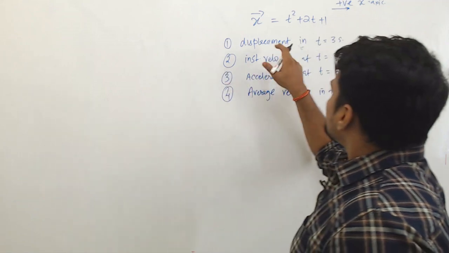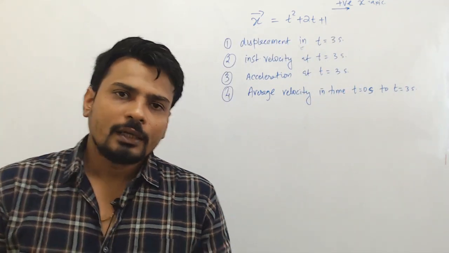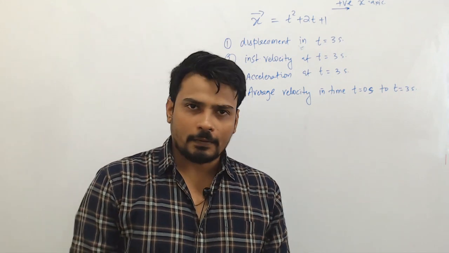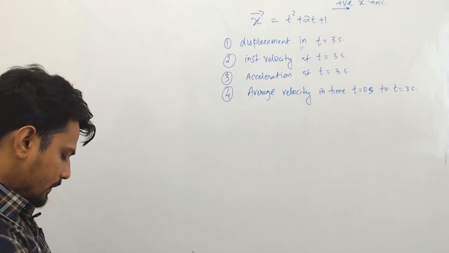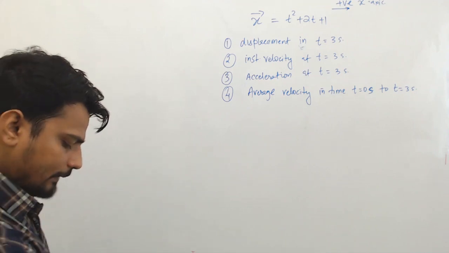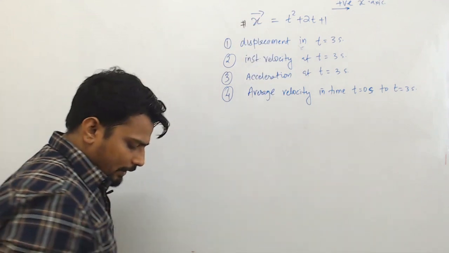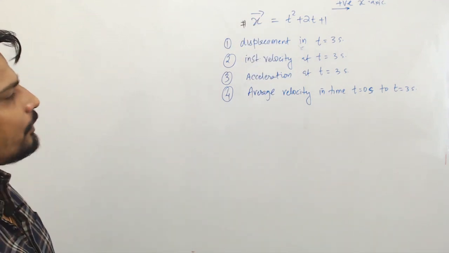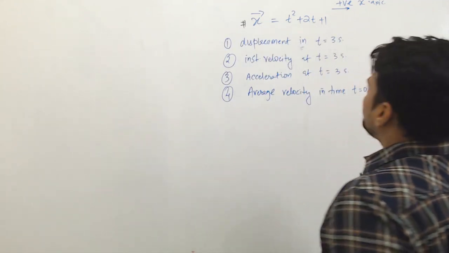So if I want to find the displacement in time t is equals to 3 seconds, so basically how much has it moved, that's what we have to find out. तो उसके लिए अपने को we need to understand one thing, कि this x over here is showing you the position vector. That would help you to figure out where the body is at a given time interval.